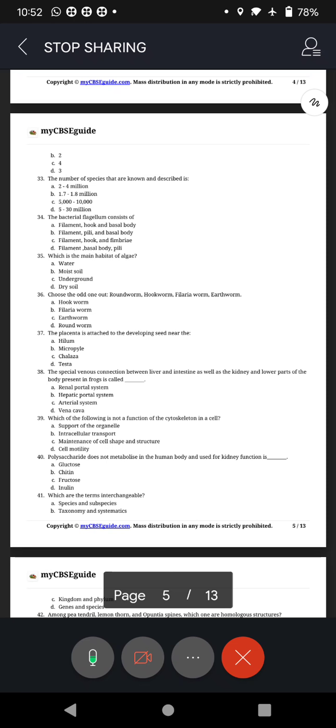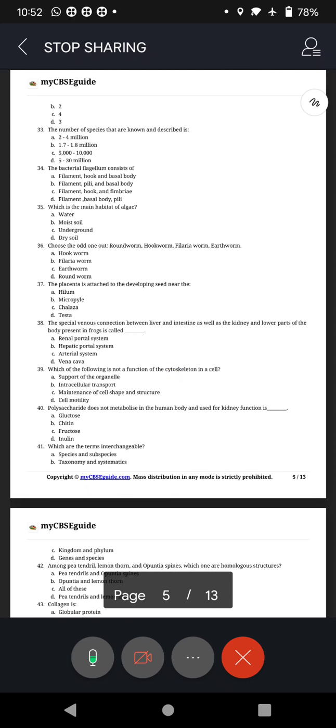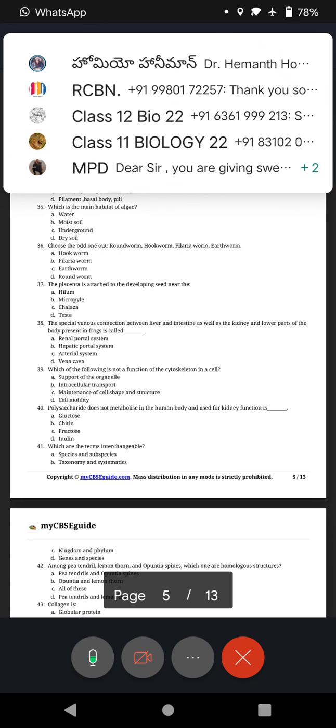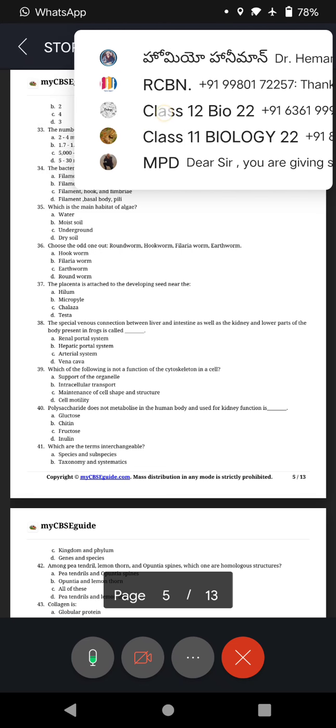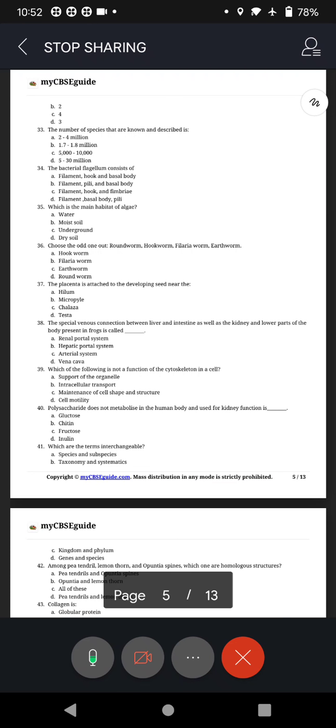Choose the odd one out, means pick out the odd one out. Roundworm, hookworm, filarial worm, earthworm. Now all are worms, but you have to pick out the odd man out. Clue is someone is inside, someone is outside. That is the clue.